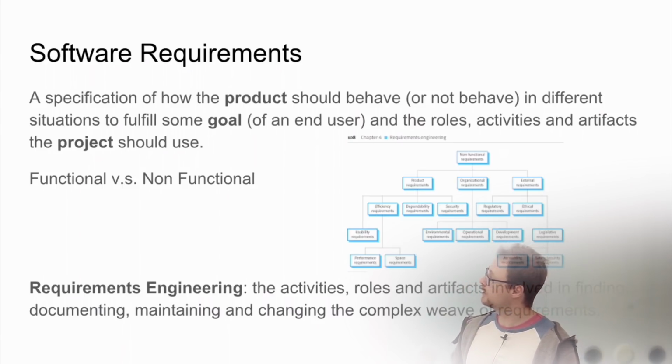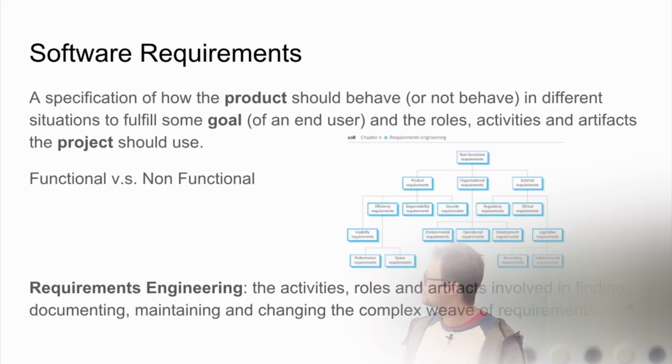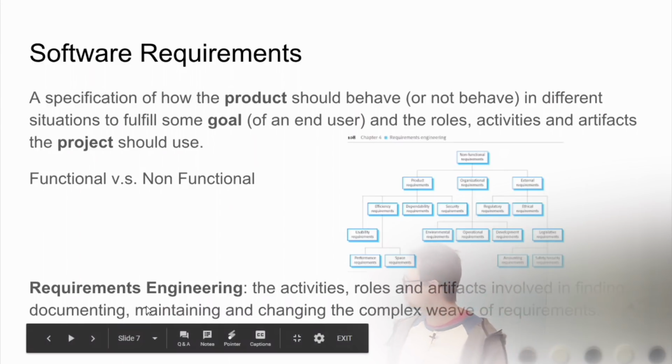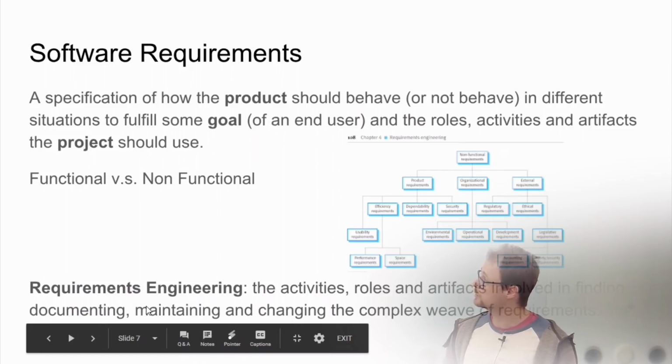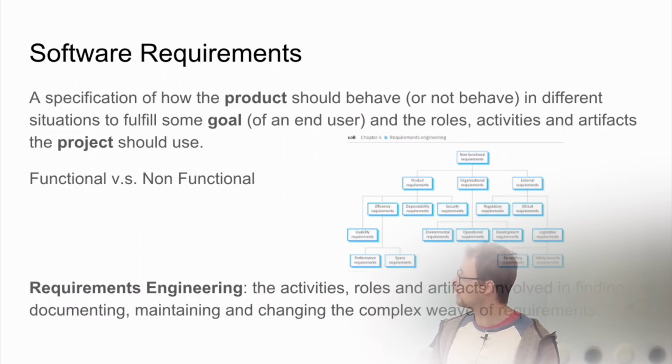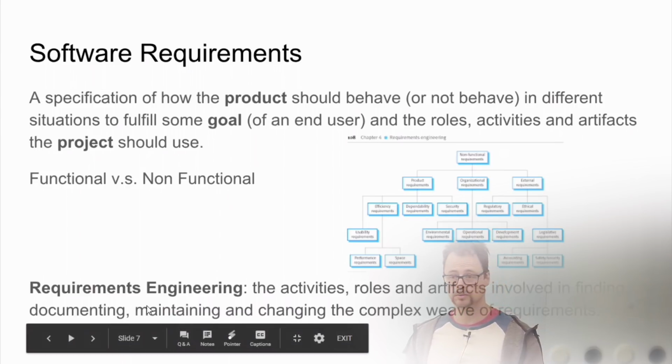We also have the project requirements in the non-functional sector, like organizational requirements, external requirements. And one aspect that I would like to stress actually is the interesting ethical and legislative requirements. There are laws that you must follow in your projects depending on what you are doing.